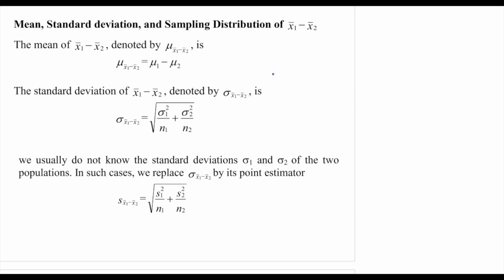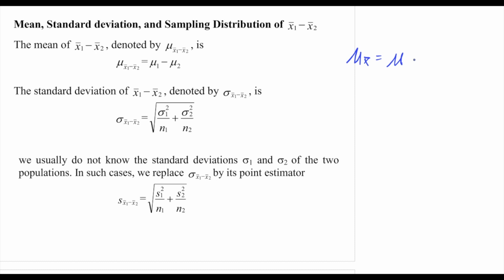Okay, so we are ready for the formulas that are related to the hypothesis testing of the difference between two population means for large samples. So the mean of the difference between two groups of samples is denoted by mu x bar 1 minus x bar 2, and this is equivalent to mu1 minus mu2. If you still remember, in your sampling distribution, the mean of the sample mean, or mu x bar, is equal to mu.